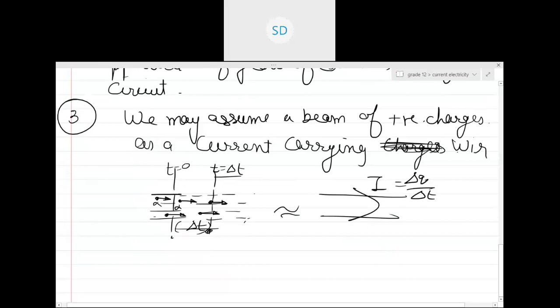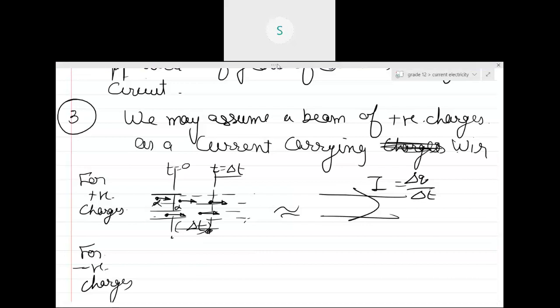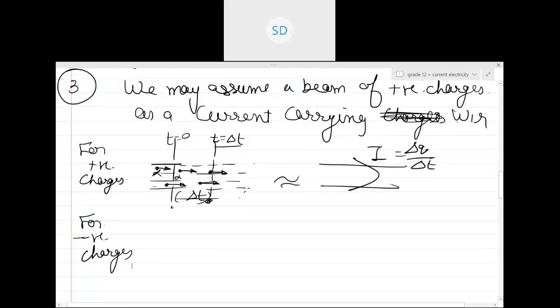What if these are not alpha particles? If these are electrons, have you seen an electron beam? Guys, why don't you speak? Please unmute your mics and speak on time.